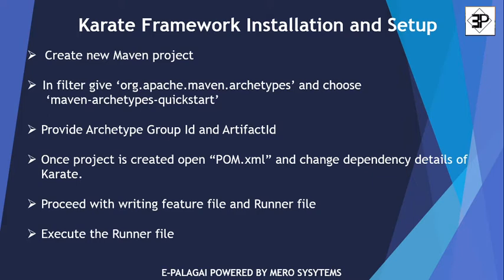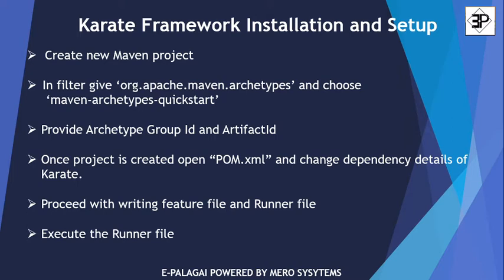What are the steps that we will be seeing for framework installation and setup? So we will create a new Maven project and we will select the archetype. Then we will be updating the pom.xml and we'll be writing a feature file and runner file, and then we'll execute the runner file.